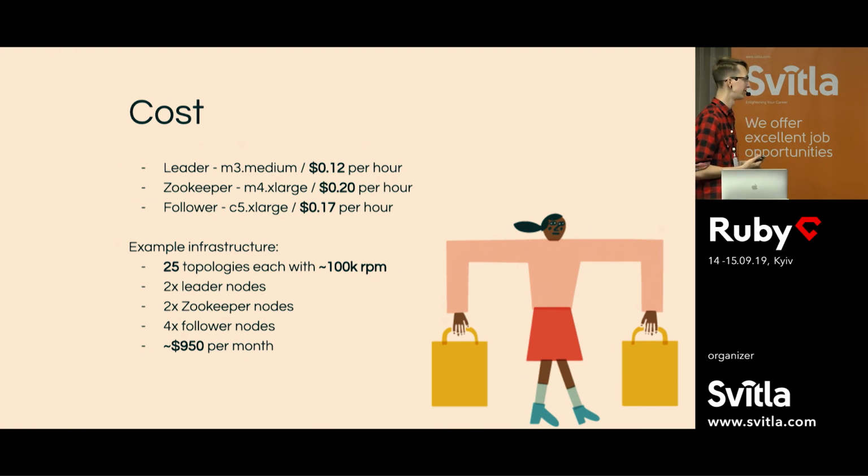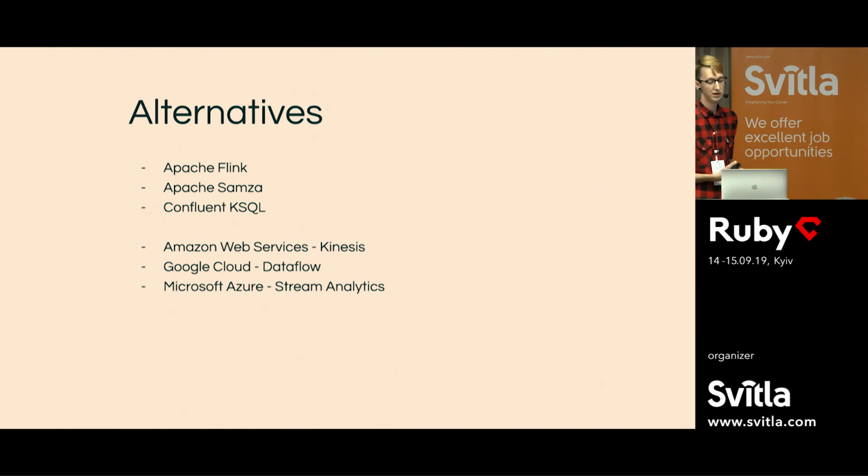Each can handle around 100K requests per minute. We found out that a suitable configuration for this amount of topologies would be a cluster of 2 leader nodes, 2 zookeeper nodes, and 4 follower nodes, which sums up to less than $1,000 monthly.